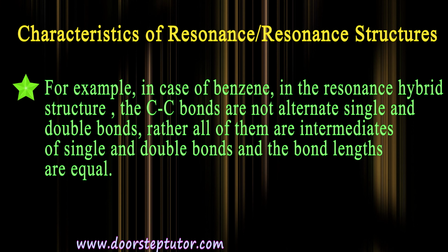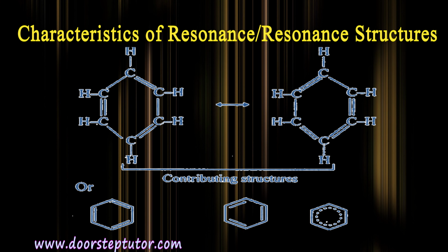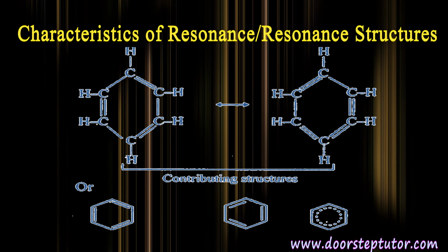Rather, all of them are intermediates of single and double bonds and the bond lengths are equal. Please see the hybrid structure of benzene, not the resonating structure. Here you can see the intermediates of single and double bonds, and the bond lengths of all are equal.